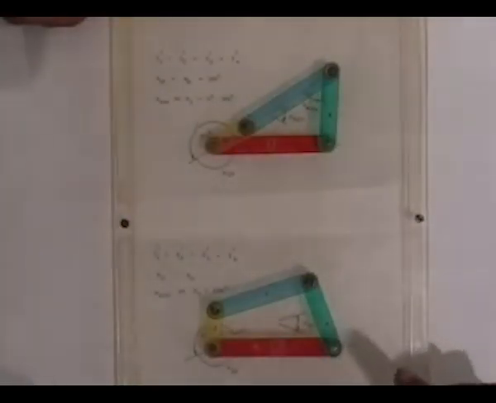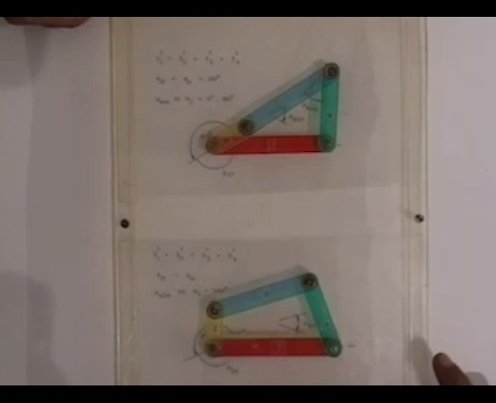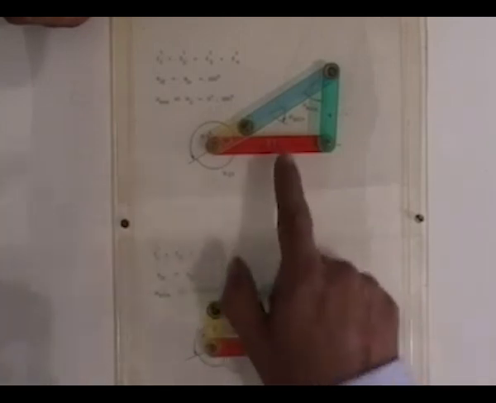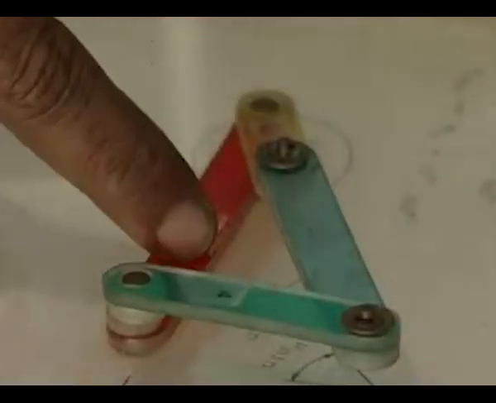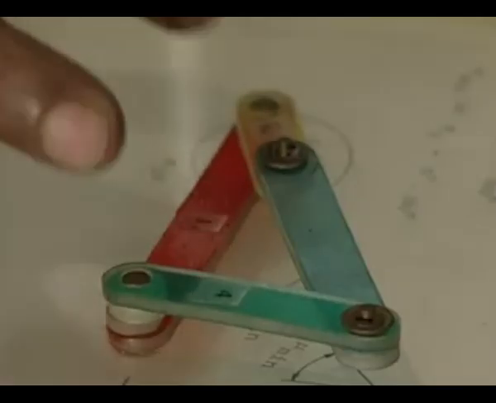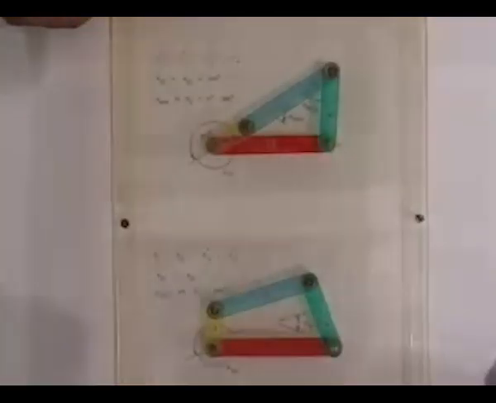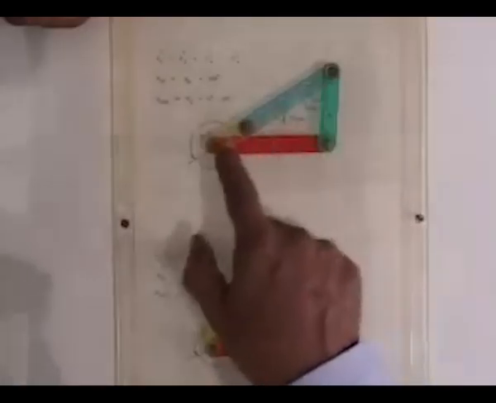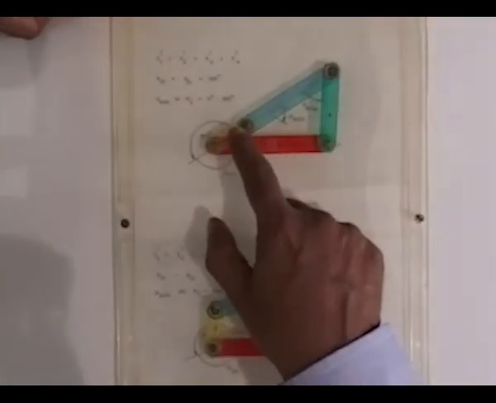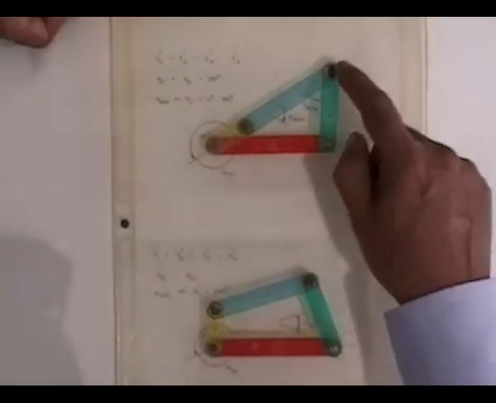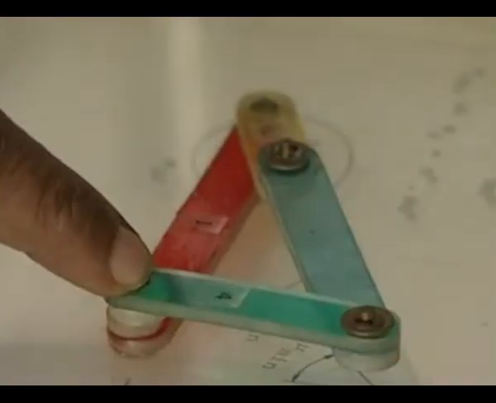Let us now look at the model of this crank rocker linkage without quick return that we have just discussed. This is a crank rocker linkage where L1 squared plus L2 squared is L3 squared plus L4 squared. This is the one extreme position where the crank and the coupler have fallen in one line. This is one extreme position of the follower.